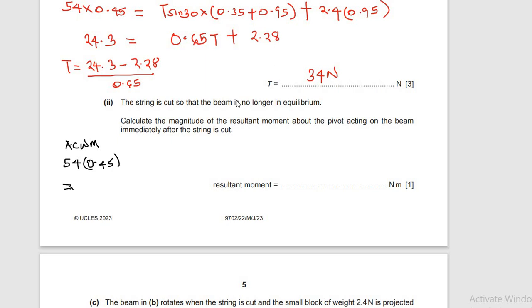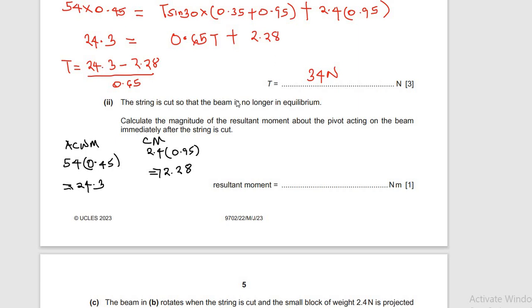So that gives 24.3. And the other one will be the clockwise moment on the right, which is 2.4 multiplied by 0.95. That one will give us 2.28. T is no longer there. It's no longer in the picture because it's been cut off.